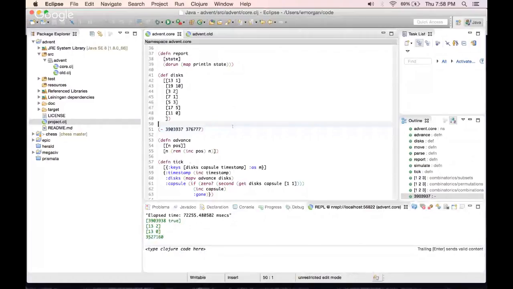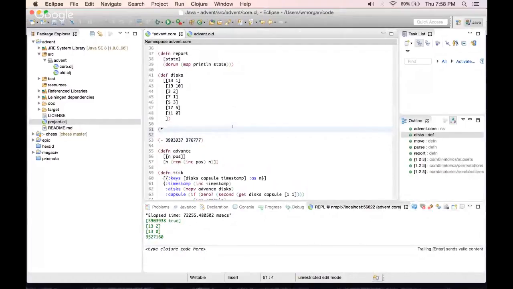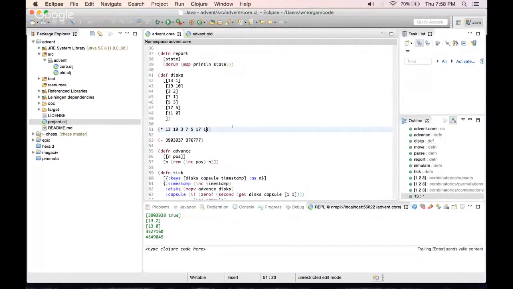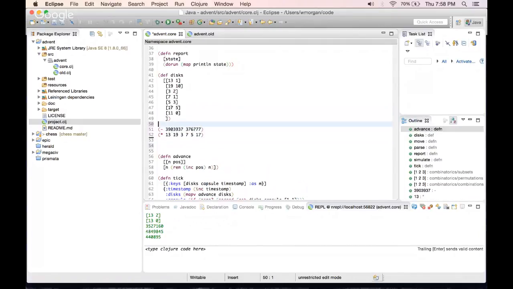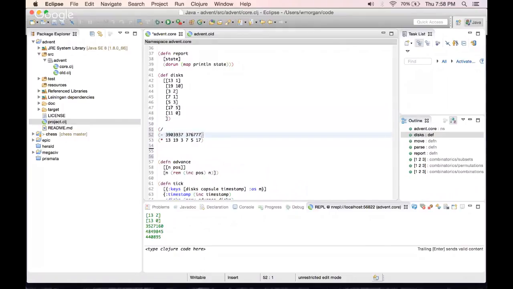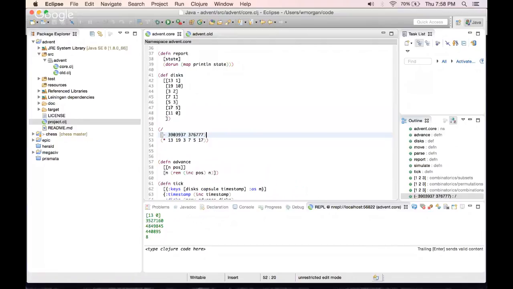I wonder if this number is at all related to the product of all of the sizes of the disks. No, I don't see a relation. What about the product of just these? What is the relationship here? What if I take this and I divide? Aha, yeah.